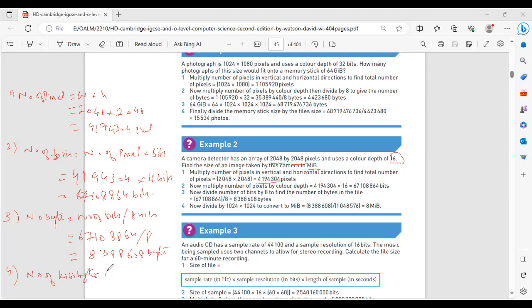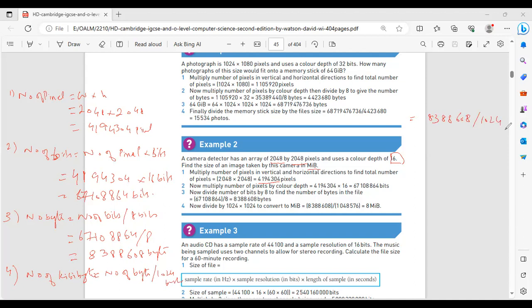The formula is basically the number of bytes divided by 1024 bytes. Here I'm writing it. So the number of bytes is 8388608 divided by 1024. Now it is very difficult.